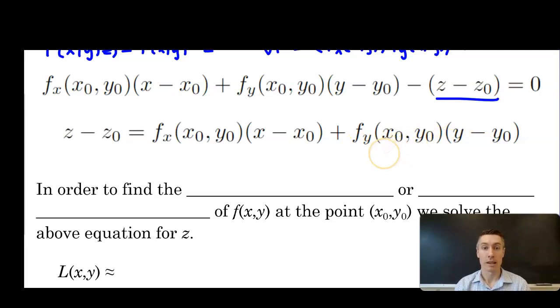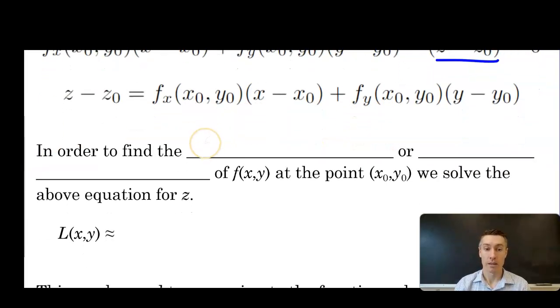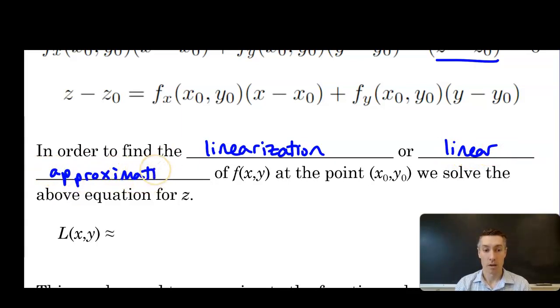And this builds us into our next concept, which is, in order to find the linearization or the linear approximation, those terms are interchangeable, of the function at the given point, we solve the above equation for z. So now we're starting to hone in on finding a linear approximation of a function in 3-space.